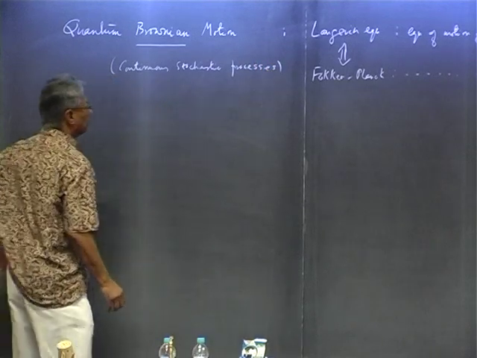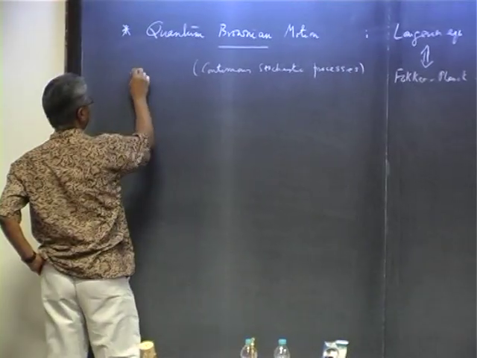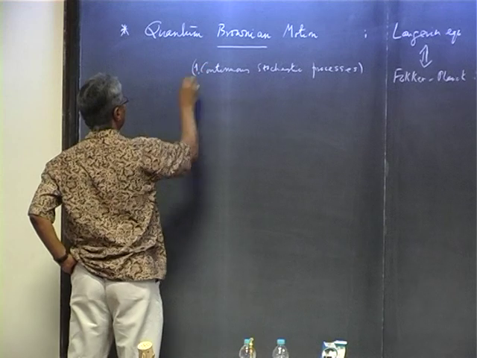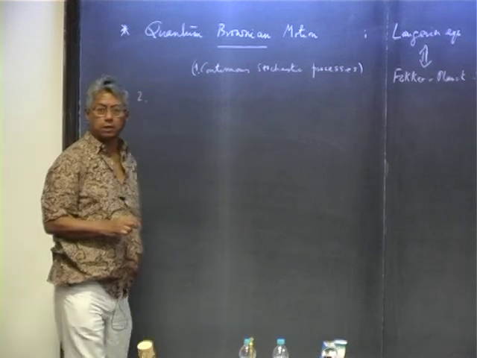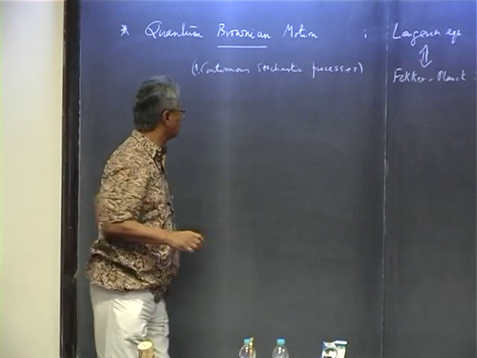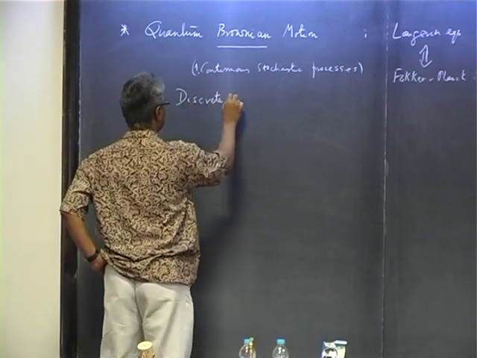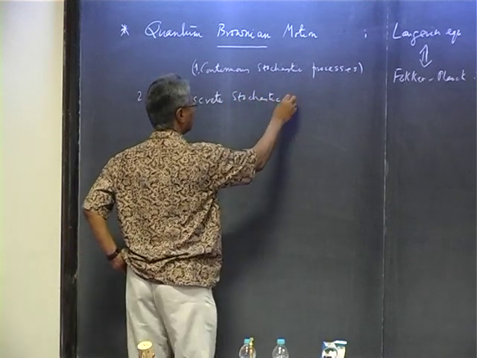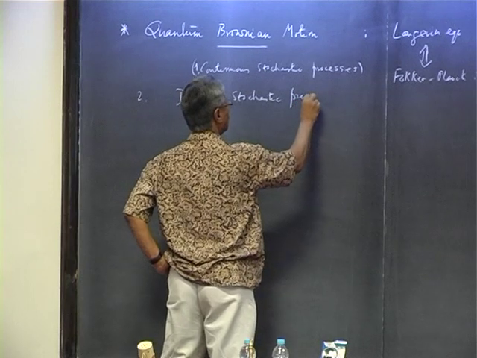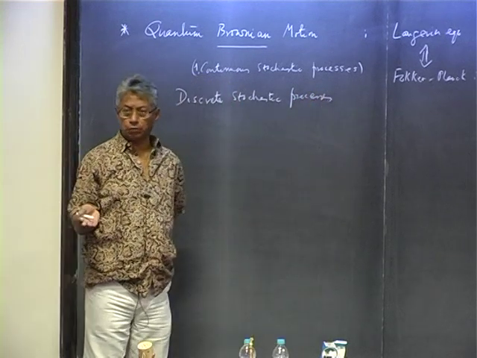Now, there are, of course, a large class of other problems where you may have to deal with discrete stochastic processes. They don't have any underlying Langevin equation or Fokker-Planck equation.